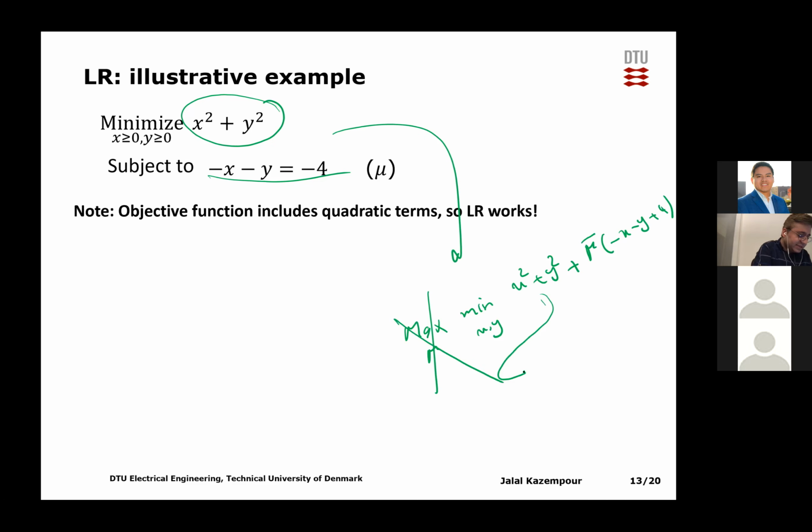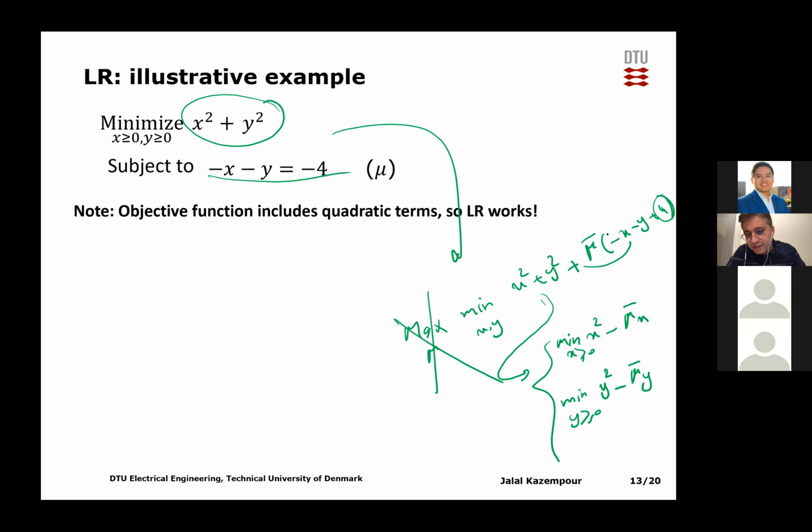Then you can simply say this is decomposed to min over x of x squared minus mu bar times x, and also min over y of y squared minus mu bar times y. And the term for mu bar times 4 is gone because it's constant.